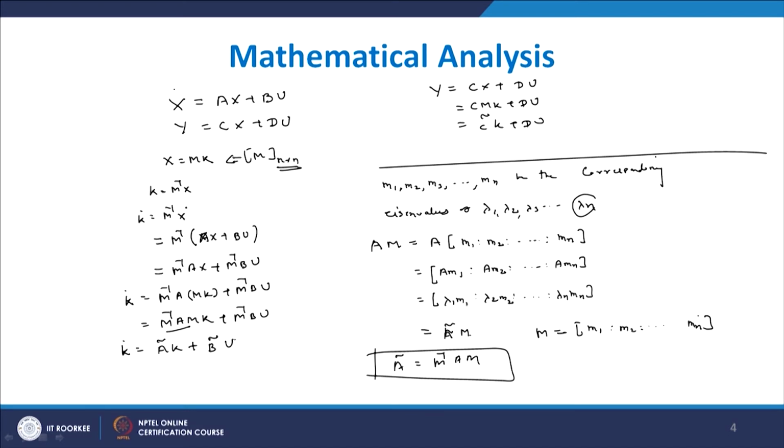So A and this A bar have the same characteristic equations and their eigenvalues are the same, therefore there cannot be a change in the properties. But here one thing has been observed, that A bar we can get in a diagonal form. Diagonal form means only a few elements are present, remaining elements are 0.